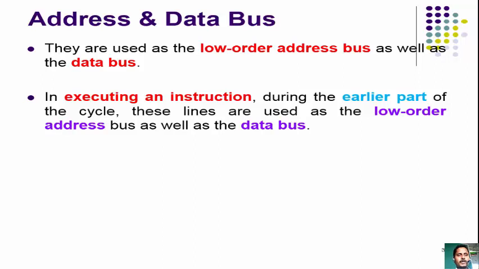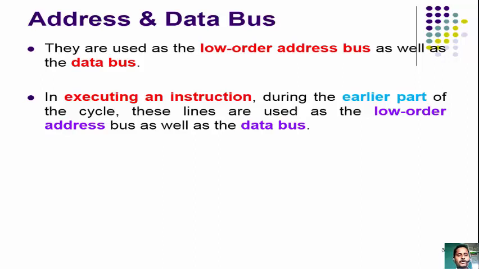Just remember, during the operation cycle, these lines are used as lower order address, and then they are used for data transmission and reception. So this is about the AD0 to AD7 multiplexed address and data bus.